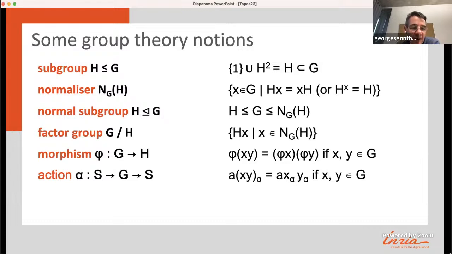So perhaps another example of this, which might be a little more mathematical, is just the idea of how to define group theory. Here are a bunch of standard group theory notions, like being a subgroup and taking a normalizer and having normal subgroups and constructing factor groups, having morphisms, and so on.